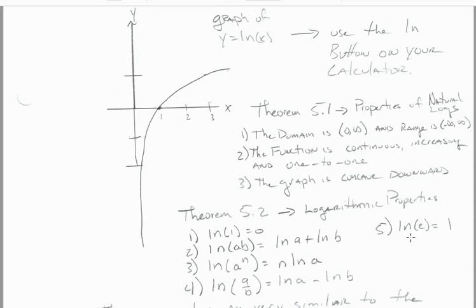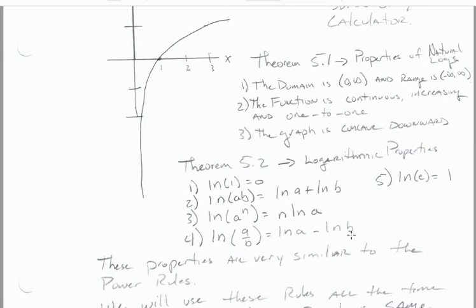So the output can be positive or negative, but the only inputs we're allowed are 0 up to and not including infinity.